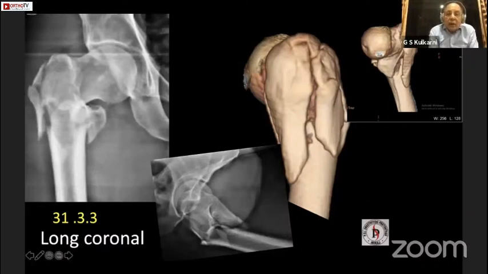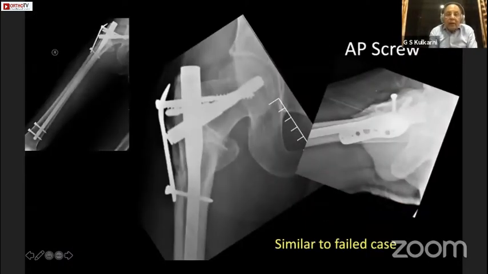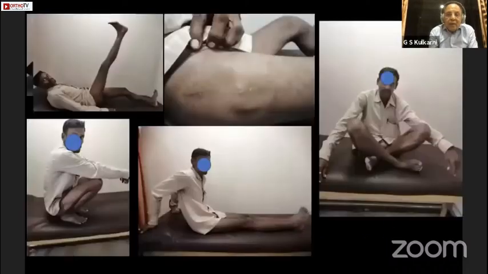What I call a long coronal is one extending to the subtrochanteric region. This is very unstable, so we need to fix this. Note this. This is similar to the failed case I showed you, and this united. You can see the union here. And this is the function.